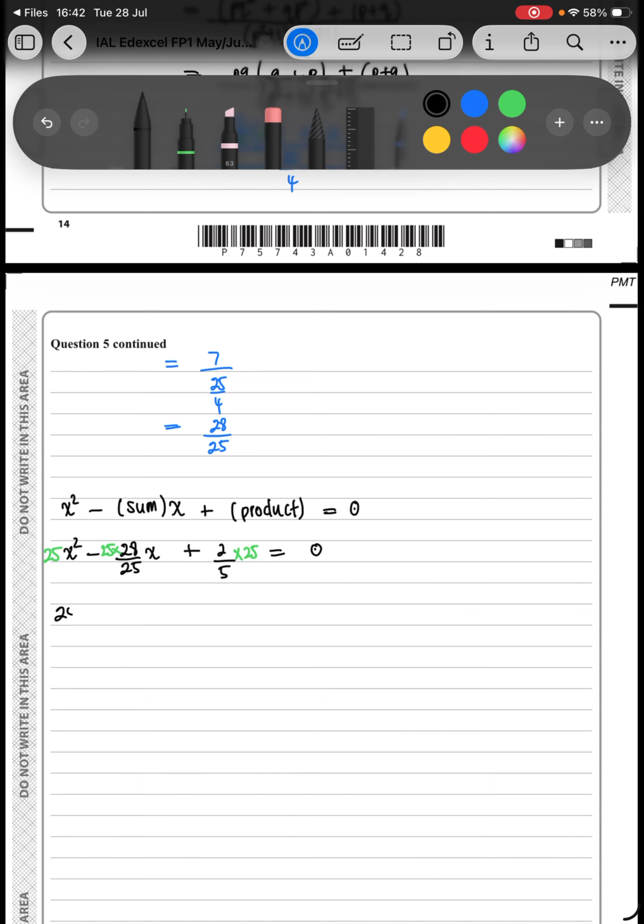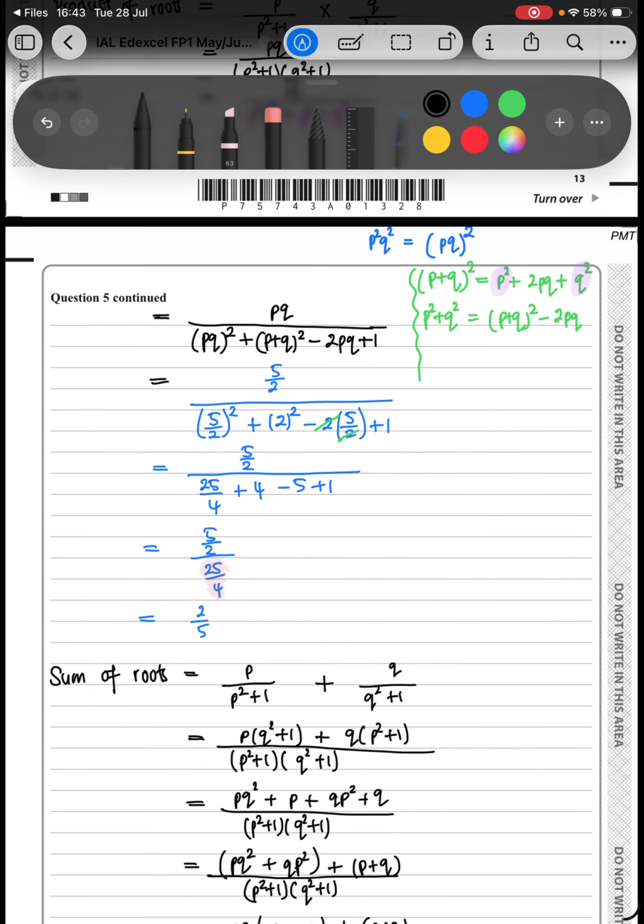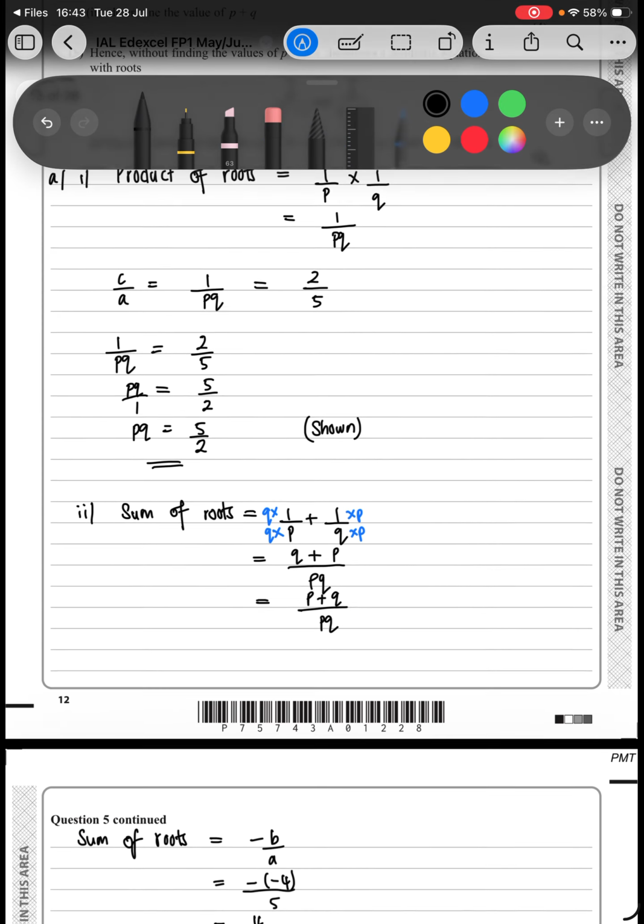So this gives 25x squared minus, the 25's cancel off here, so we're left with minus 28x plus 25 divided by 5 gives us 5, so 5 times 2 is 10. Therefore 25x squared minus 28x plus 10 equals 0 will be our answer to part B of this question.